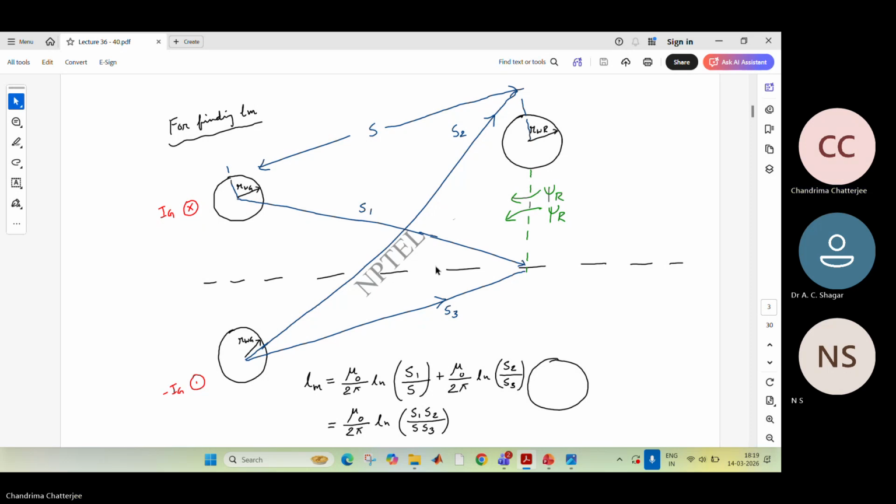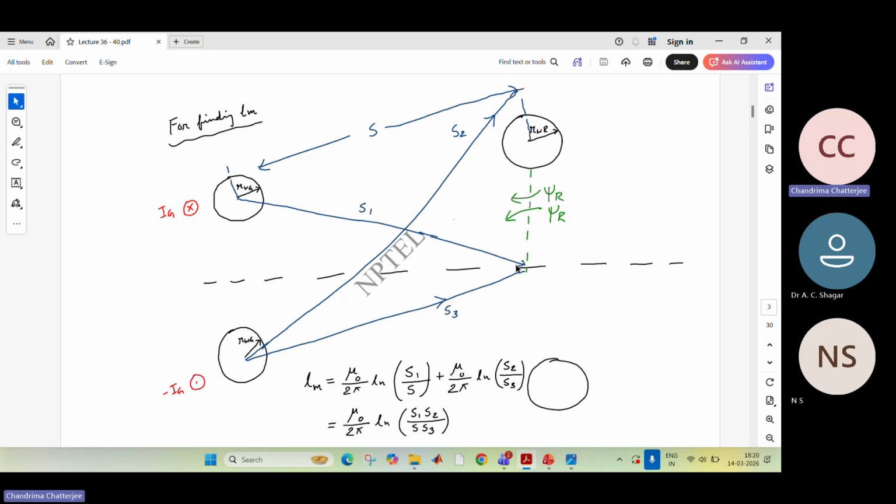So the distance is S1 maximum, and the minimum is from generator to receptor. And then another component is mu naught by 2 pi ln S2 by S3. This is corresponding to this conductor. So S2 is from this conductor to this conductor, the imaginary generator, the receptor, and S3 is from here to the ground.